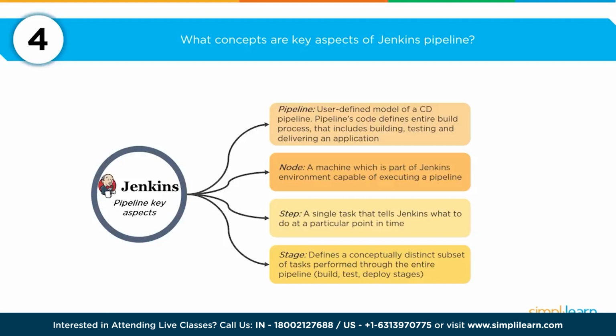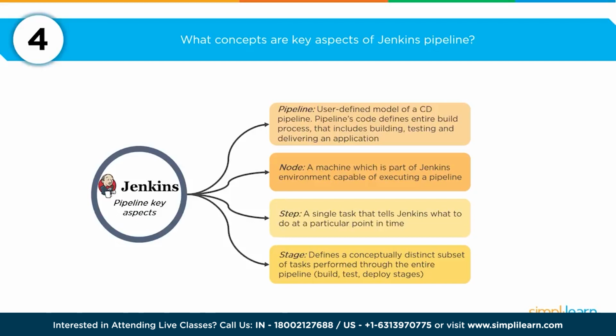So when working with Jenkins, you're going to be asked what are the key concepts and aspects of working with a Jenkins pipeline. You want to really hold out your fingers here and go through four key areas, and that is pipeline, node, step, and stage. Pipeline refers to the user-defined model of a CD, continuous delivery, pipeline.